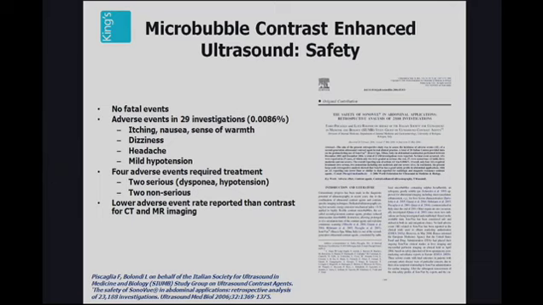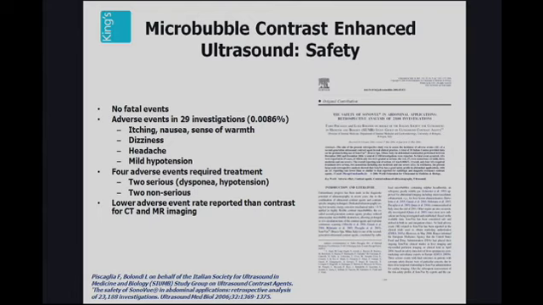In 0.0086% of investigations, there were mild symptoms such as itching, nausea, sense of warmth, dizziness, headache, and mild hypertension. Very few serious adverse events occurred, and these were all suitably treated. No one died out of all these patients. So using contrast-enhanced ultrasound is safe.